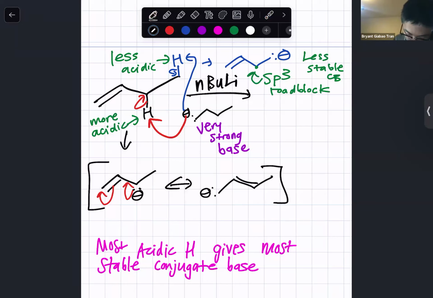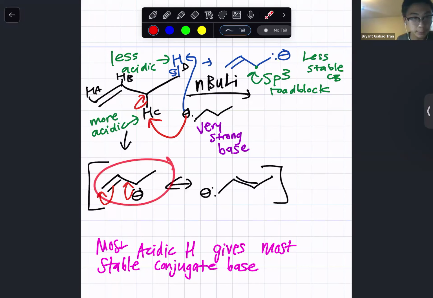We have, let's say, these prospects of hydrogens here. Let's say this is A, B, C, D. The most acidic hydrogen is going to be hydrogen C because that hydrogen C will give us the most stable conjugate base. All the other hydrogens, A, B, and D, cannot do resonance if we draw out the conjugate base.